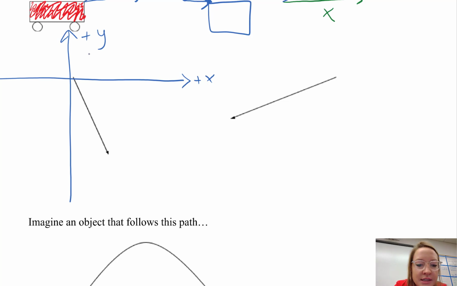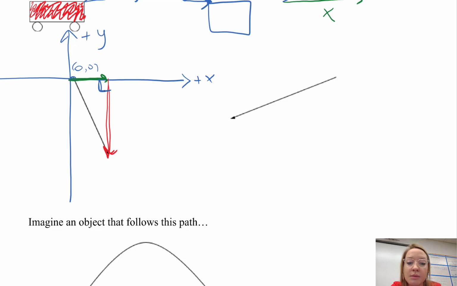If our tail starts at 0, 0, then I can see how far I went in the x direction, about this much, and how far I went in the y direction, down about that much. And you can see that right here in between them is a right angle.